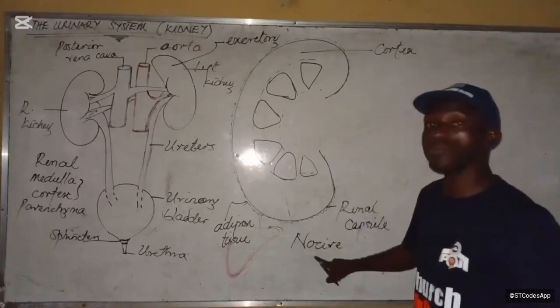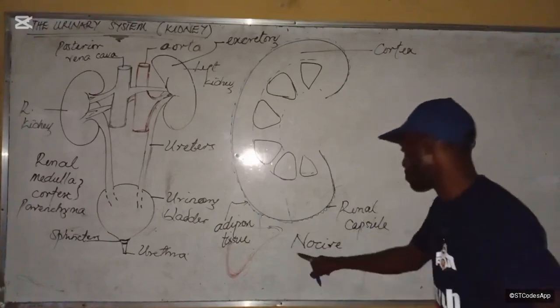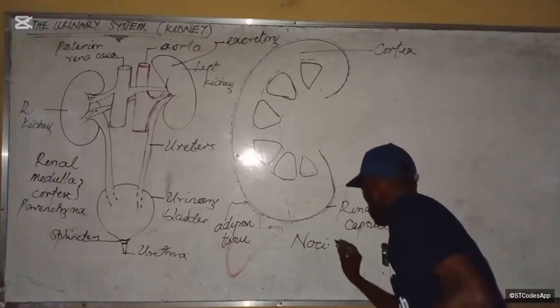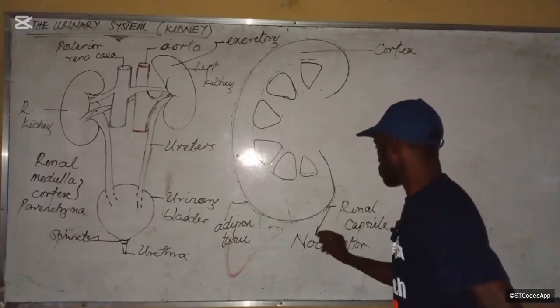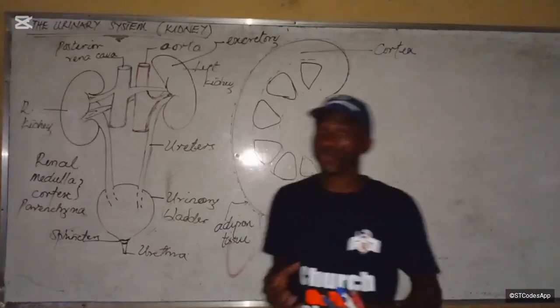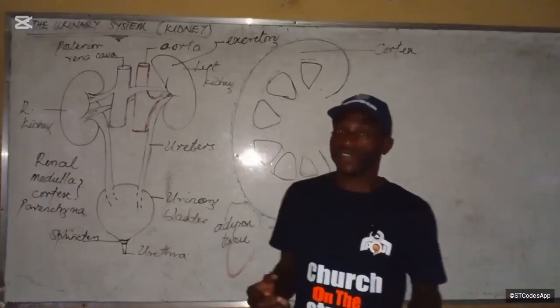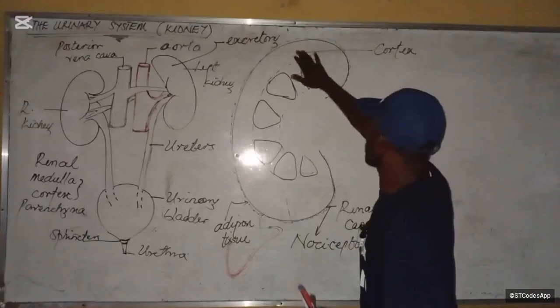We call them nociceptors. That is their scientific name. So nociceptors are pain receptors in the renal capsule. All right, and that's why pains with the kidney are, in fact, deadly. Is that okay?